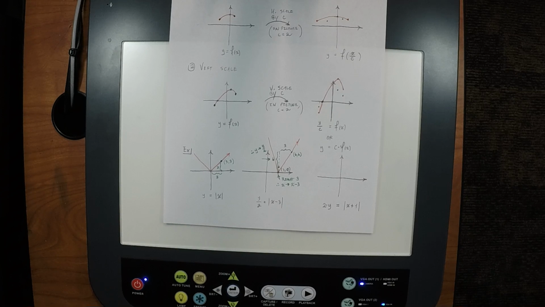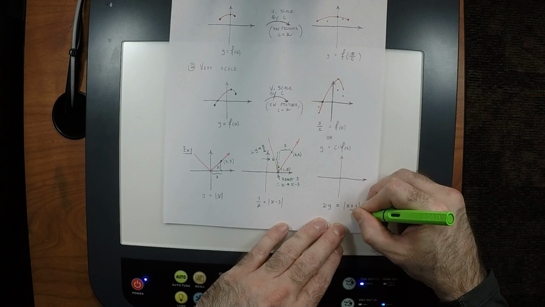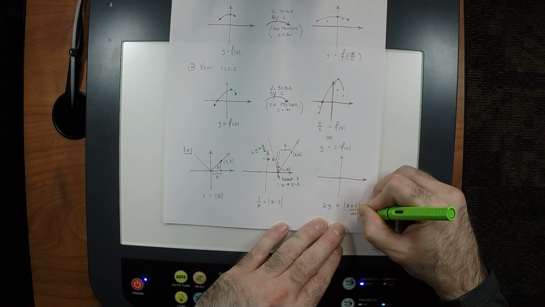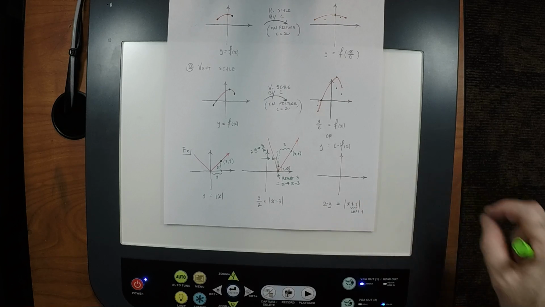So again, two proper motions. What are they? Okay, good. So this is saying left 1. Left 1. Or if you like, the axis is moving right 1.